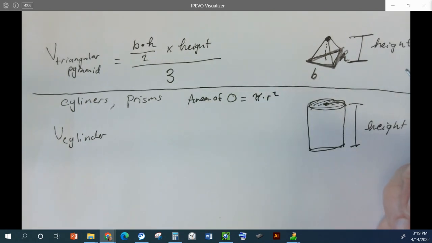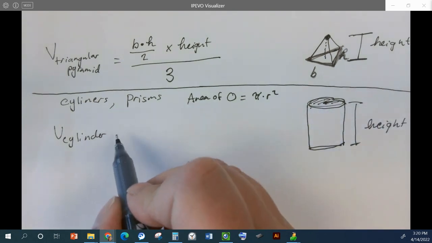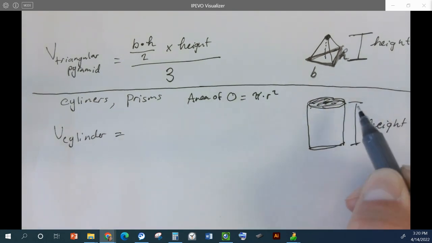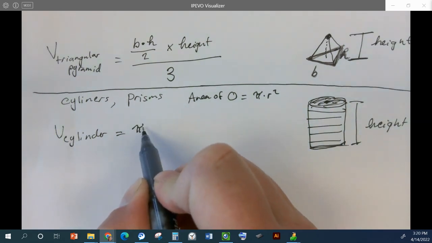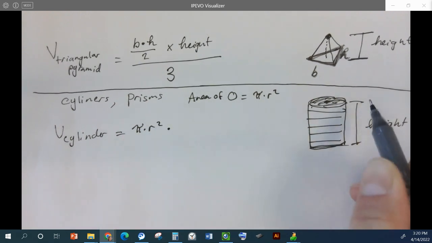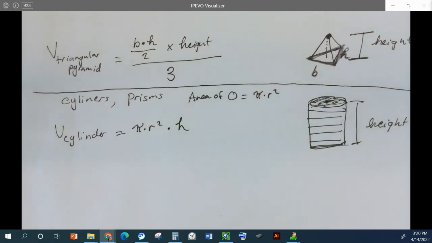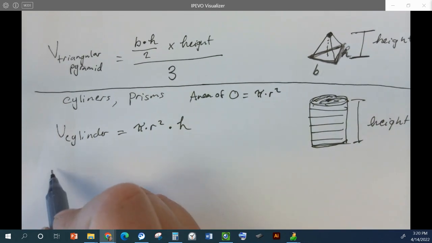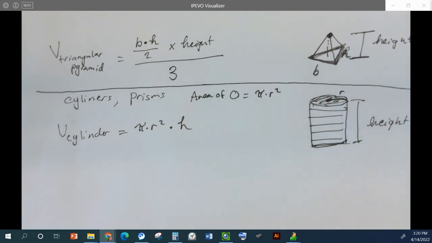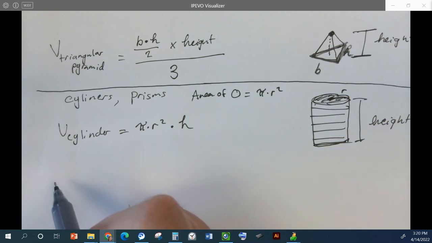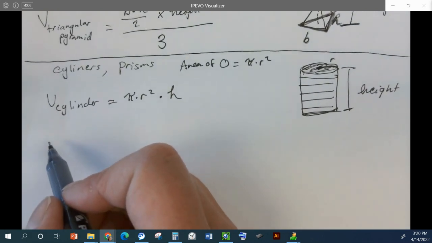Maybe? Okay, so all we do is take the area of a circle and then multiply by how tall the cylinder is. So we go pi times r squared times how deep the cylinder is. So that's the cylinder. And make sure you get the radius. Sometimes they give you the diameter, so we're just going to cut the diameter in two to get the radius.